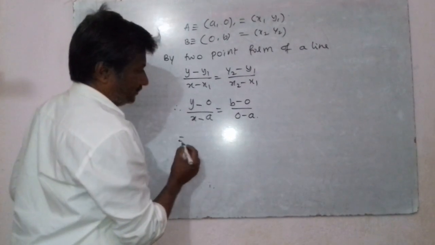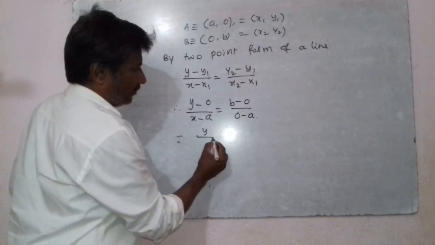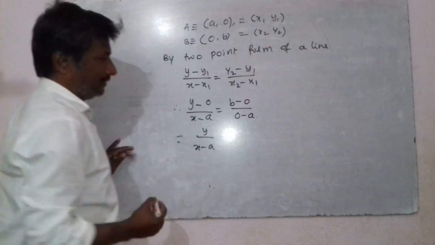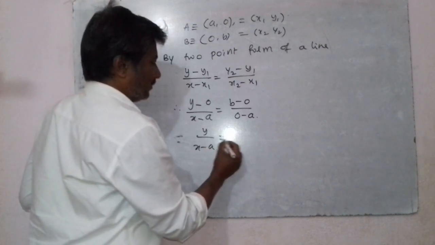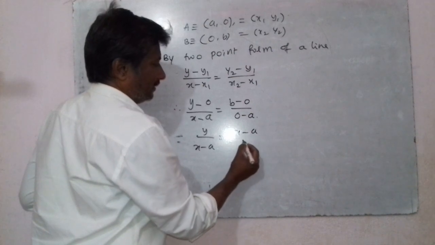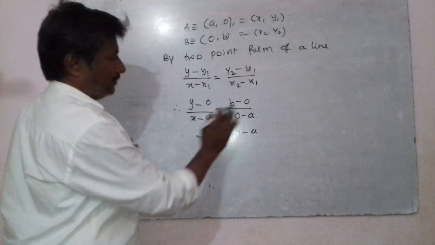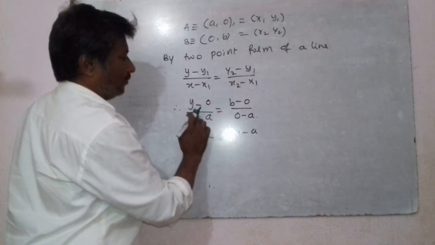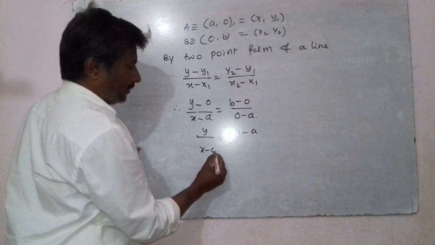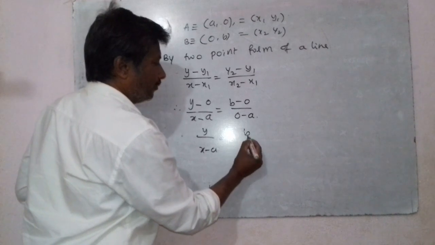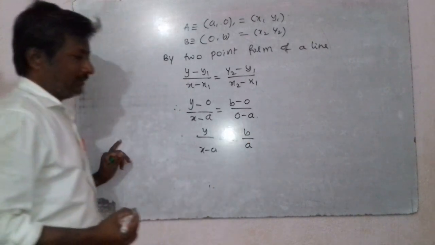That is y upon x minus a equals b upon minus a.